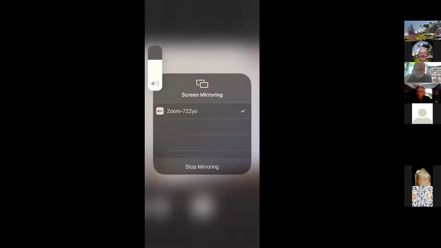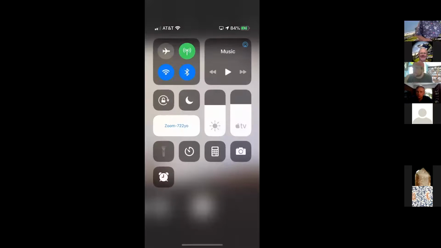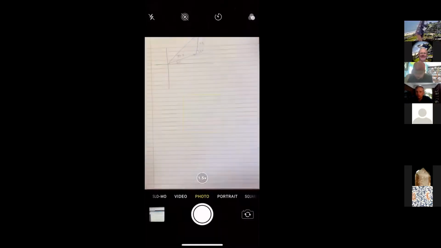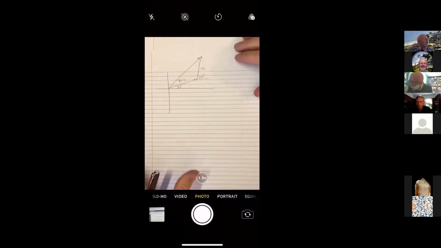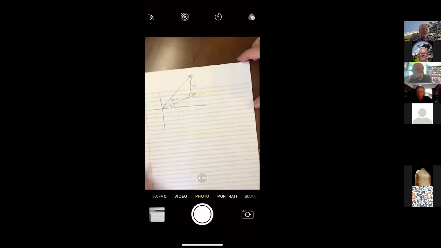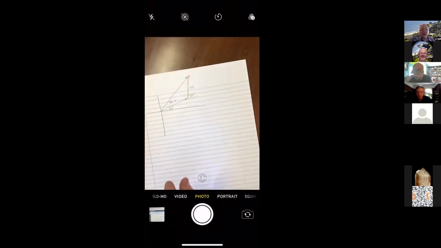Come on. There it goes. A little sluggish that time, but we're back. All right, so I'm back to my camera, and then there's the picture I drew while you were. Okay, so there's the kind of picture I drew.